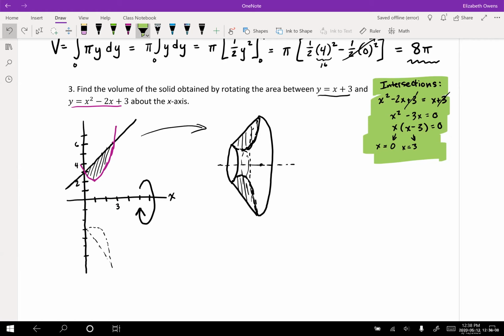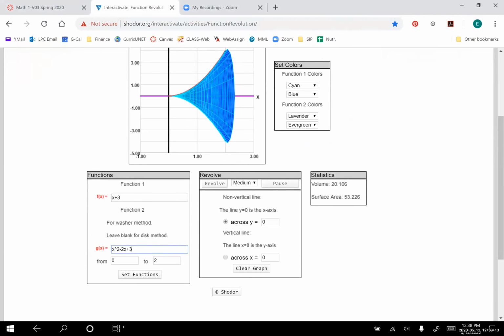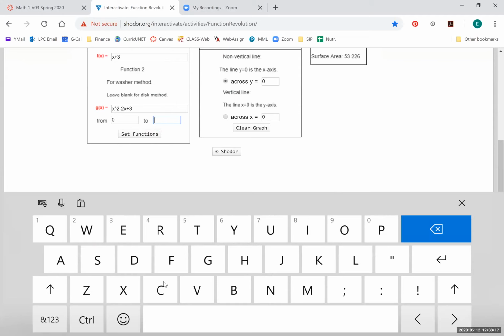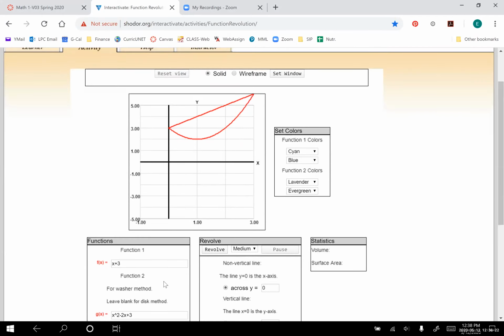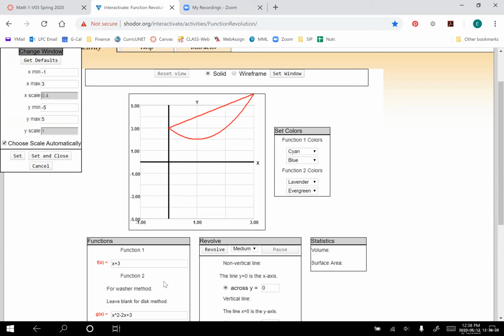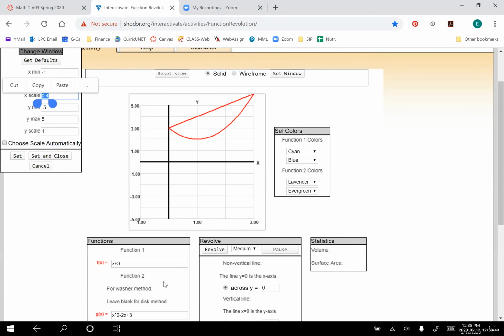So that's where we need to set our graph here, x equals 0 to 3. Set your functions, and we can see our little area that was graphed. Let me tinker with the window a little bit. X max, I'll set that to 4 just so we can see the full thing.